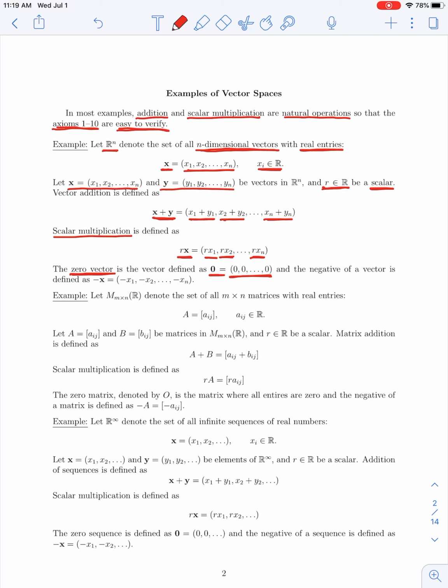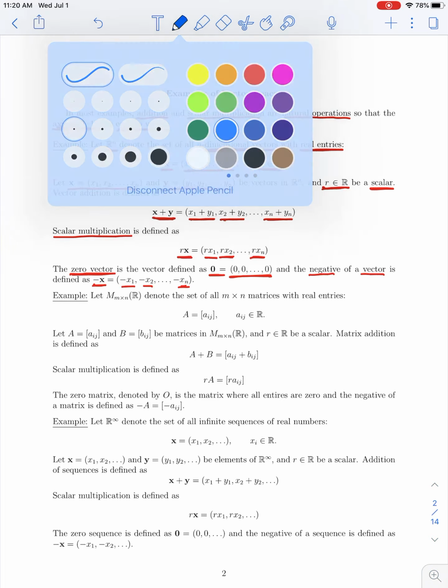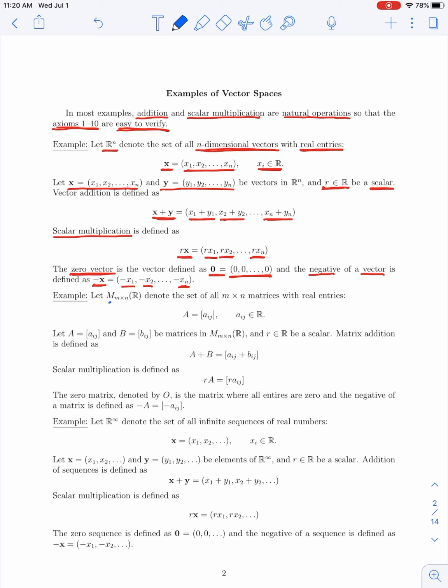And for any vector in our space, the negative of that vector would be denoted as negative x, and it's the n-dimensional vector where each component of that vector is made negative. So this is a classic example of a vector space, one of the most frequently considered, the space R^n. Now another example of a vector space that we've already been working with would be the following.